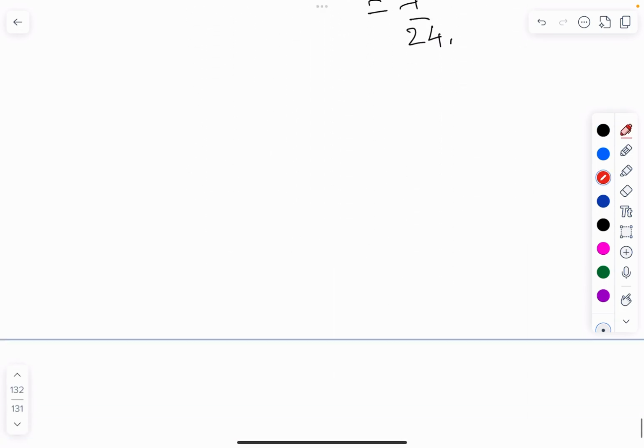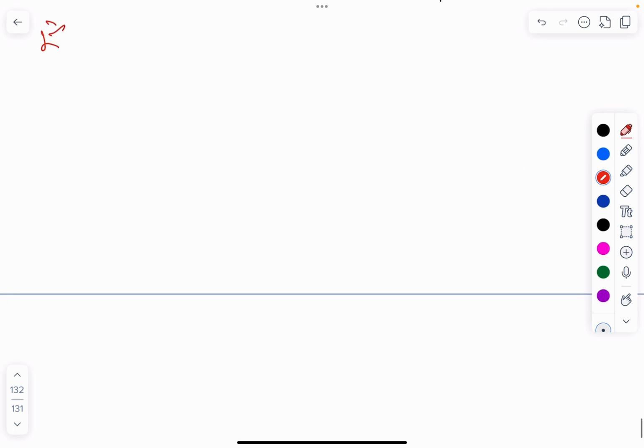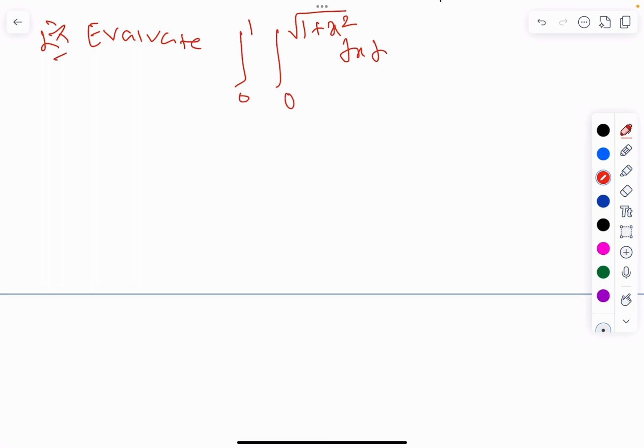Next, evaluate integration 0 to 1, integration 0 to root 1 plus x square, dx dy over 1 plus x square plus y square.